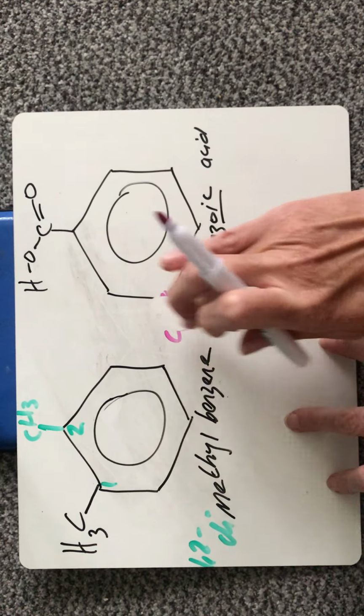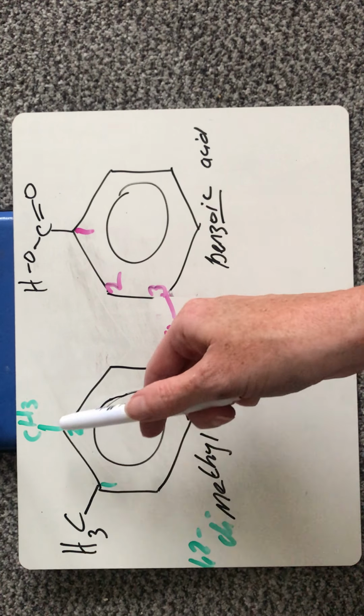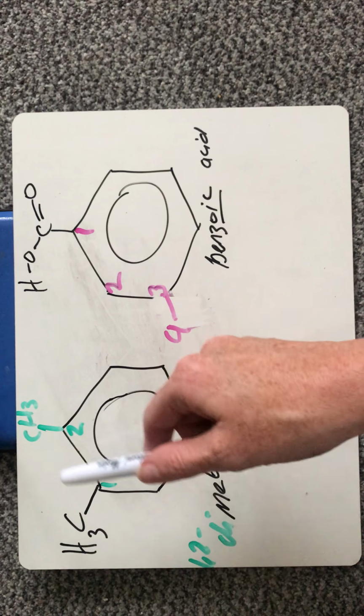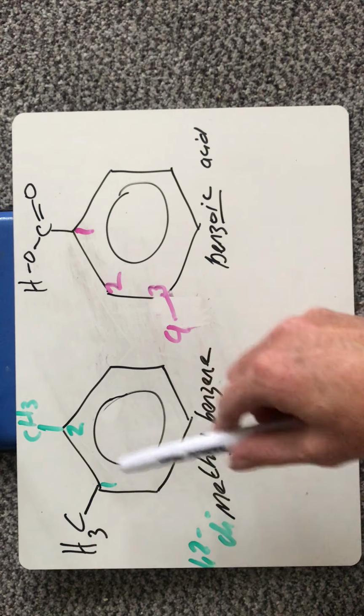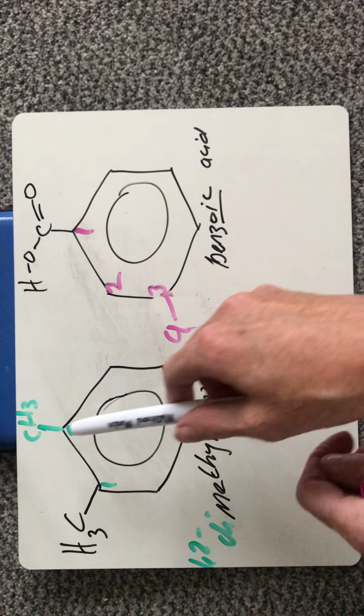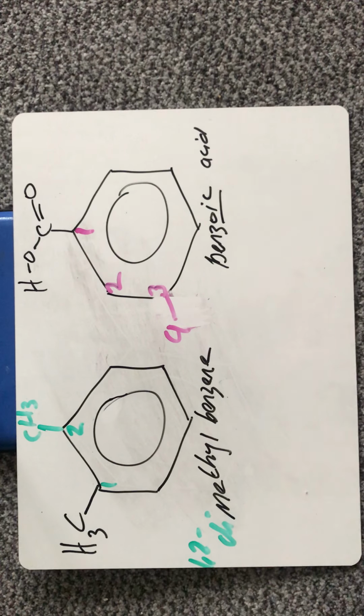You don't necessarily need to know where to start numbering it if you've got 2 choices. If you had lots of different groups on there, they wouldn't give you anything that hard. It is always going to be obvious where you're going to start numbering it. For this one here, it wouldn't have mattered whether you numbered it 1, 2 or 1, 2. There's no rule for whether you have to go clockwise or anti-clockwise. You just go to the closest one. So if we were numbering this as 1, that would still be number 2.